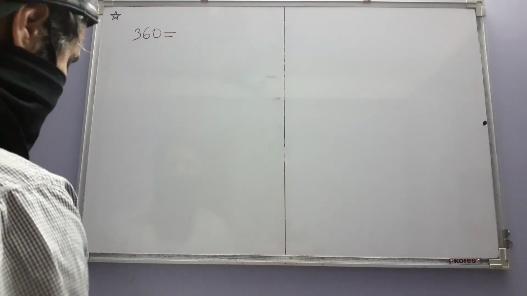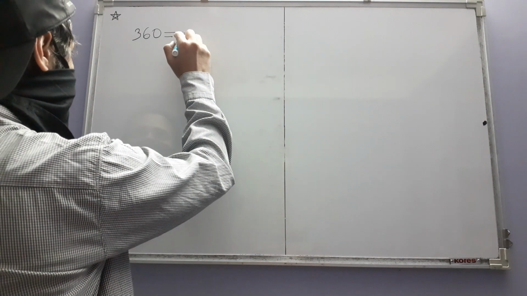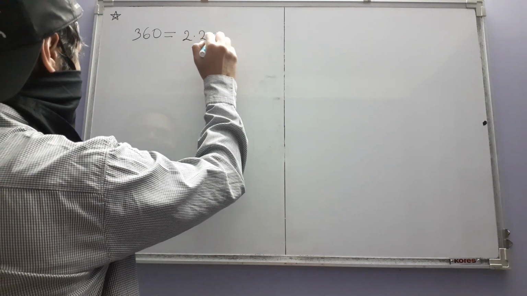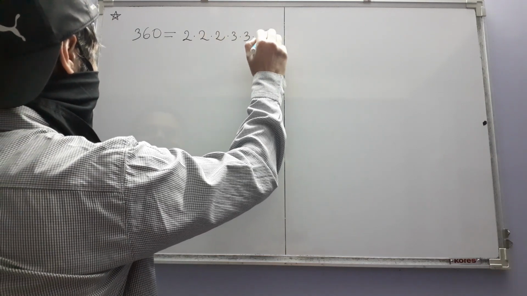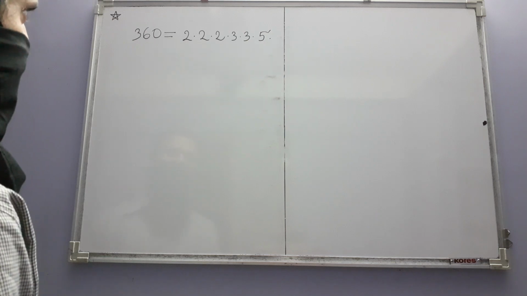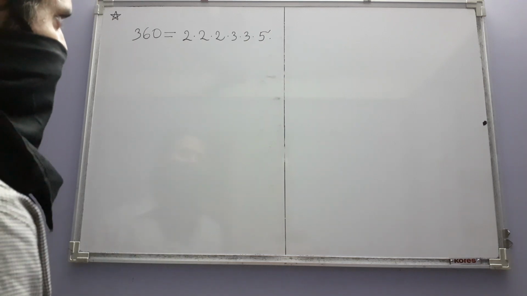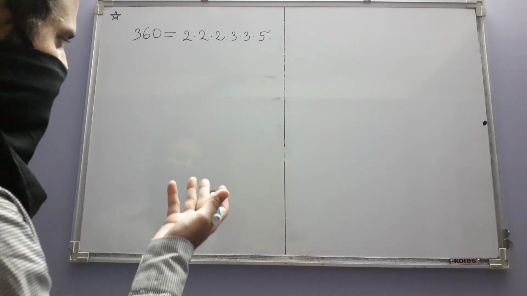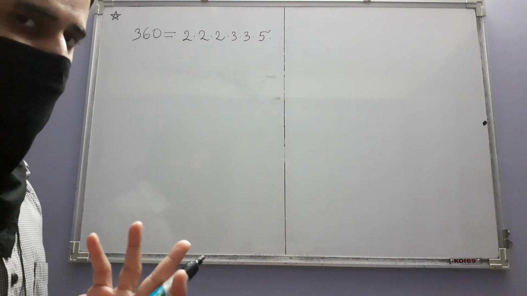Now, if one tries to write this as a product of primes, then one gets this. So, 3 2's appear, 2 3's and 1 5, which shows that the primes that appear in such a factorization, all of them need not be distinct.